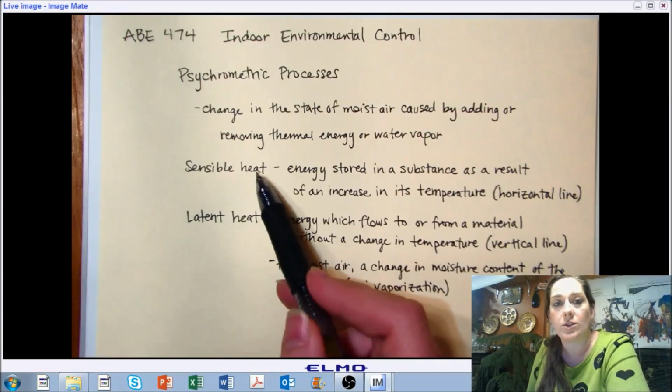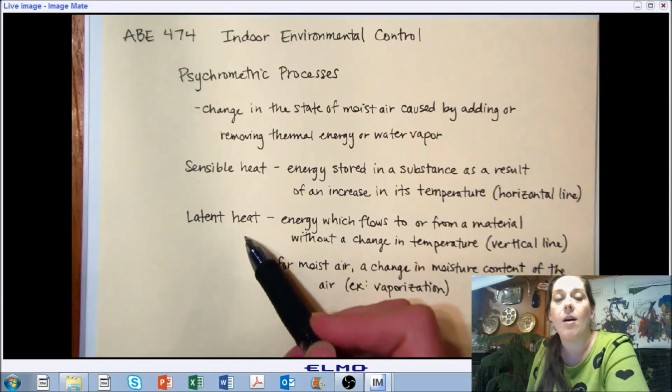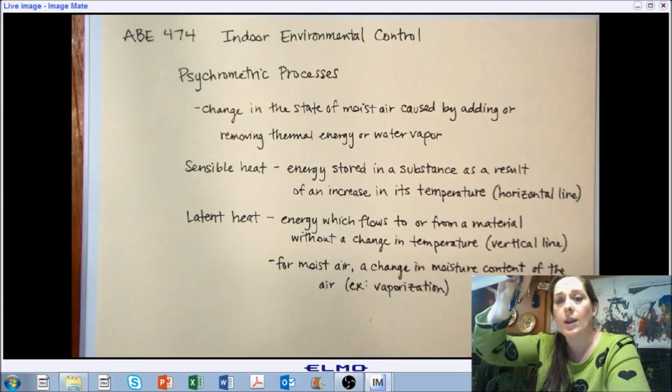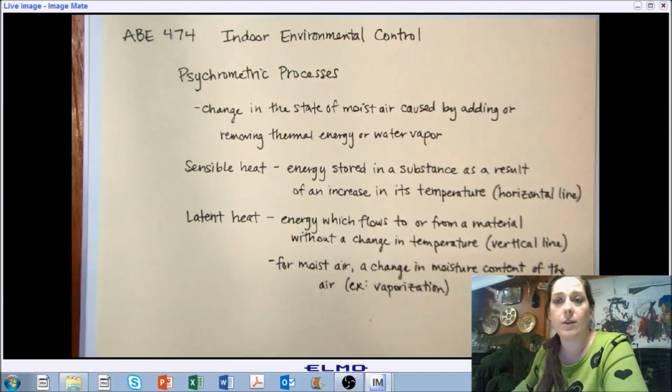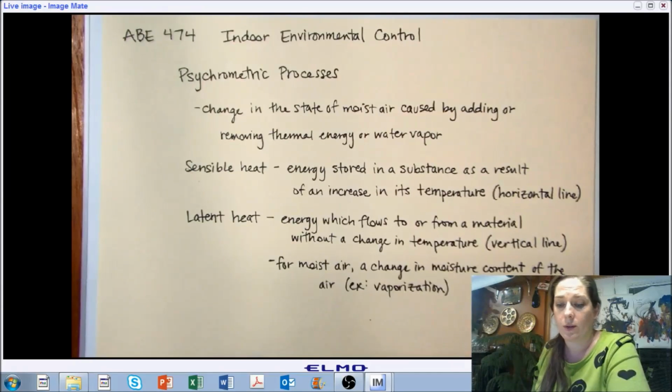If you want some change in sensible heat, depending on the process you use, it may be accompanied by also a change in latent heat. So that's why I want to introduce those concepts early, and as we talk through the processes, we will talk a little bit about breaking down the process or the change in state into sensible and latent energies.